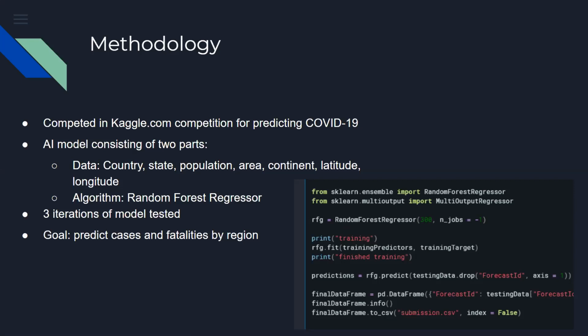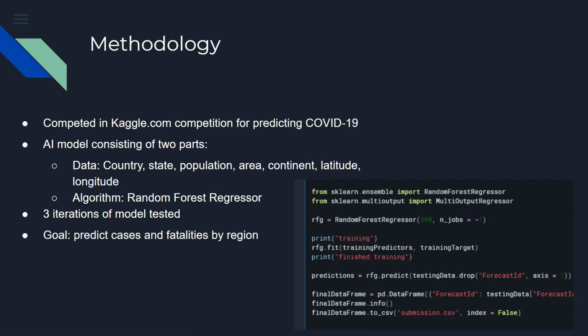It did that through a machine learning algorithm called a random forest regressor, which took the original part of the data, the information that we already knew, so the days leading up to the competition. Then it made predictions for the days following the competition based on that data. So our first iteration was just the date and the region.